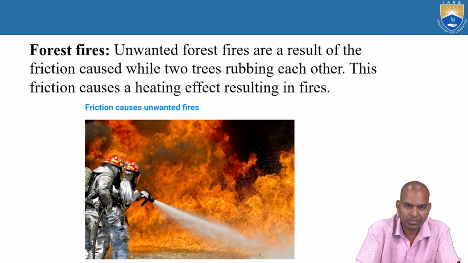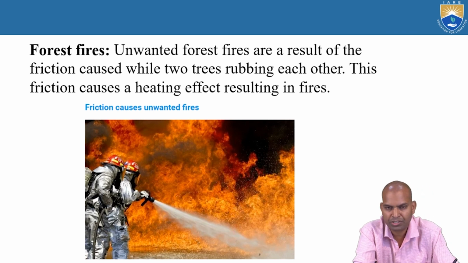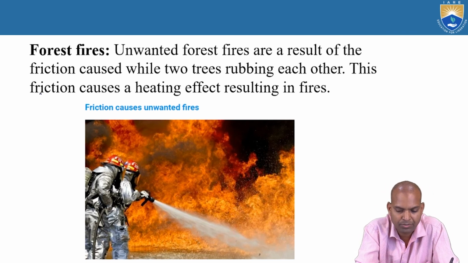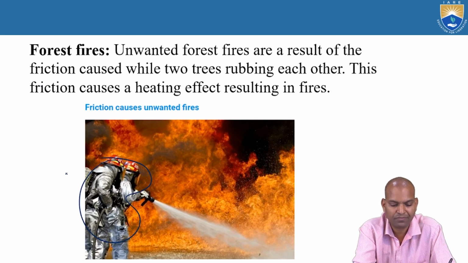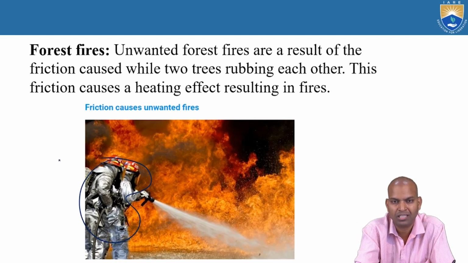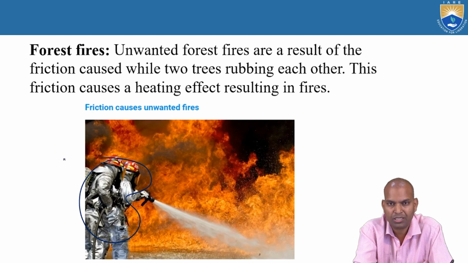The next example of friction in nature, where friction causes an evil. Evil, because friction causes forest fires. These forest fires can't be stopped by using fire extinguishers. The water from fire extinguishers is nothing in front of the heat generated in forest fires.